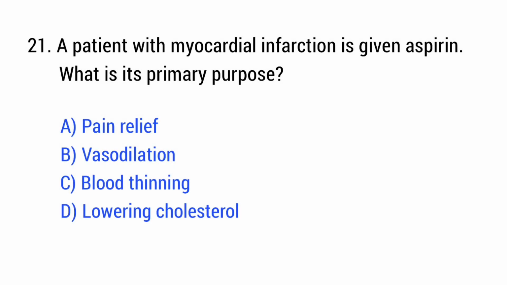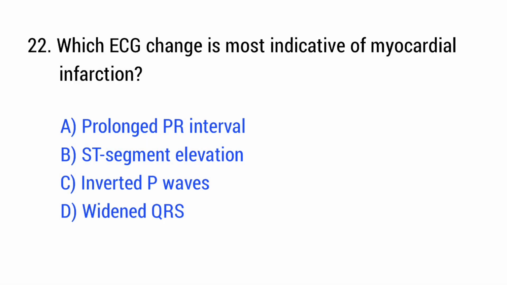Question number 21. A patient with myocardial infarction is given aspirin. What is its primary purpose? The right answer is option C, blood thinning. Question number 22. Which ECG change is most indicative of myocardial infarction?